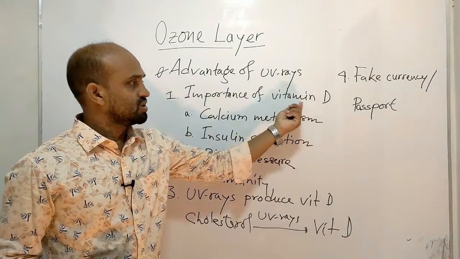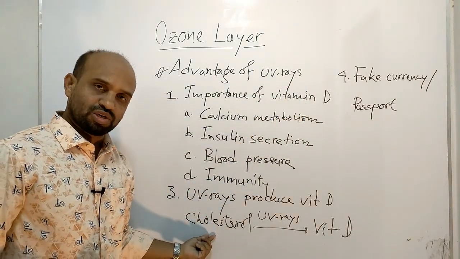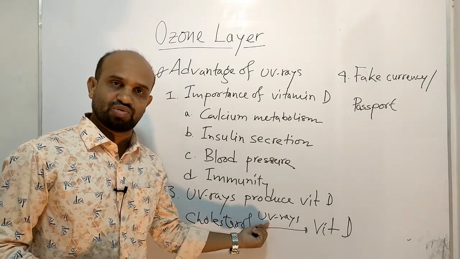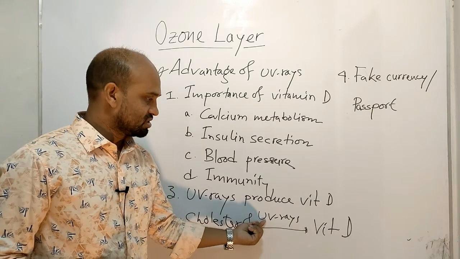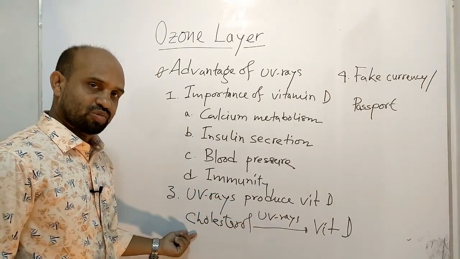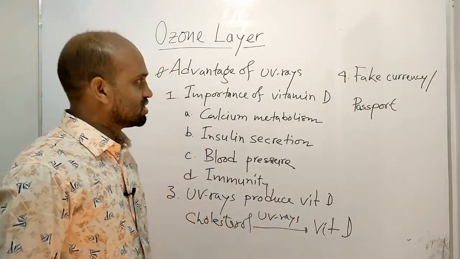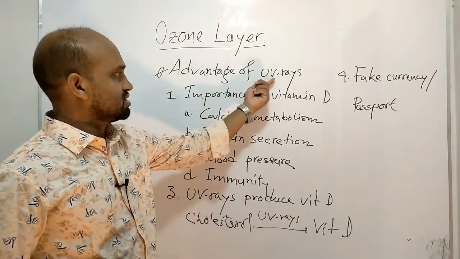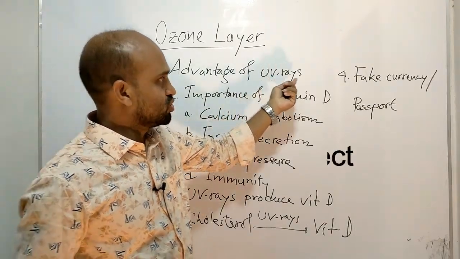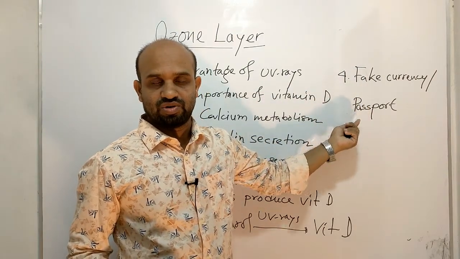That means vitamin D is produced from cholesterol present in our body with the help of UV rays. Another one is UV rays, that means ultraviolet rays, are used to detect fake currency and fake passport.